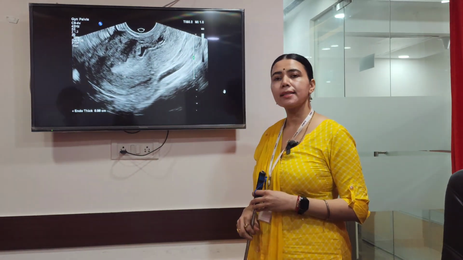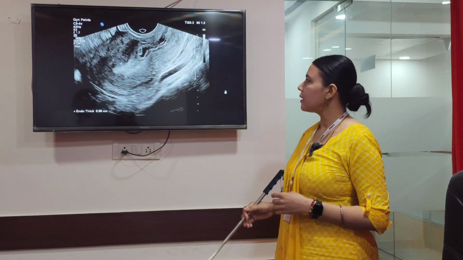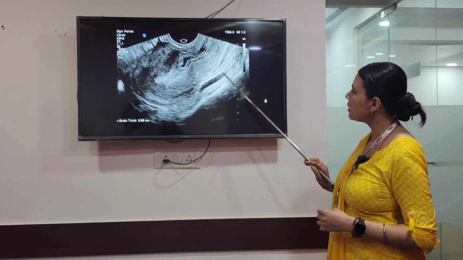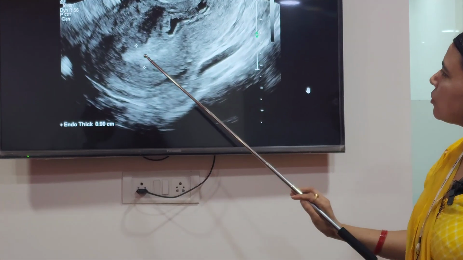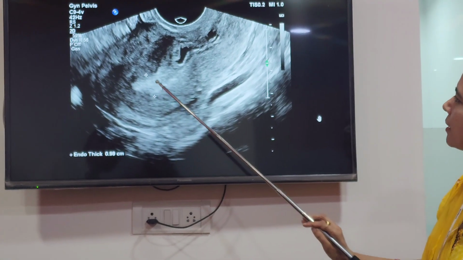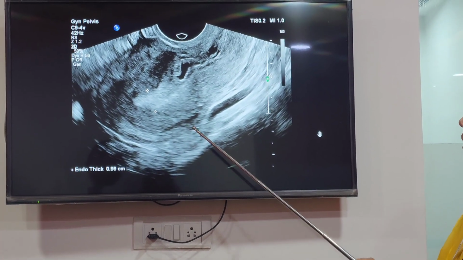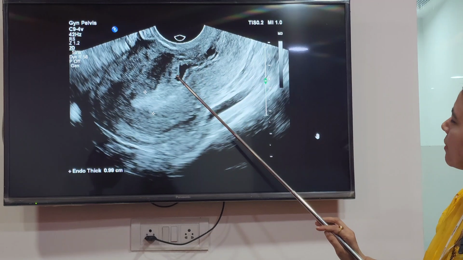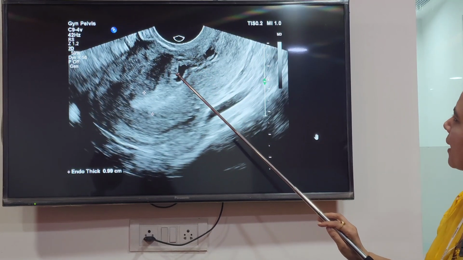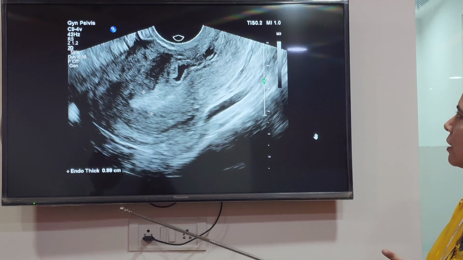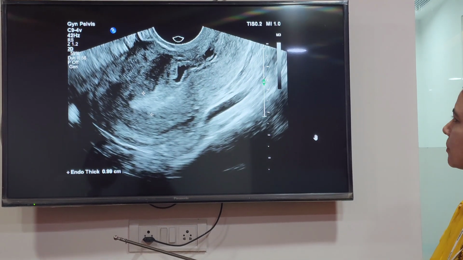So on vaginal scan, this is the uterus which we scanned here, and you can very nicely see a thickened endometrium. Endometrial thickness was around 9.9 millimeter, and here we are visualizing a sac-like structure located in the anterior uterine wall.